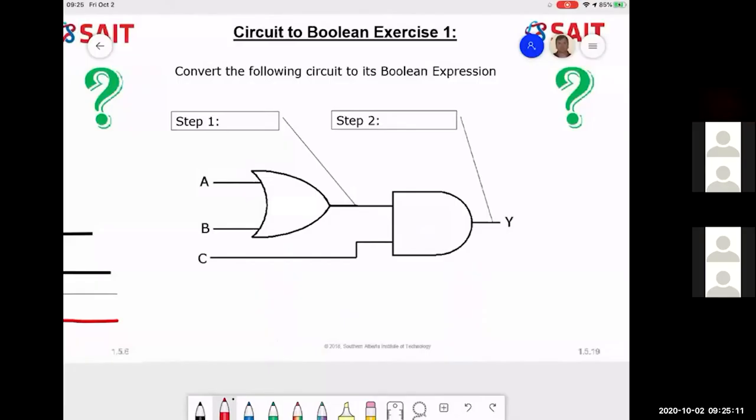Step one, Vincent. You available, Vincent? Yes, Vincent. Okay, so step one. What would be the expression here for step one?